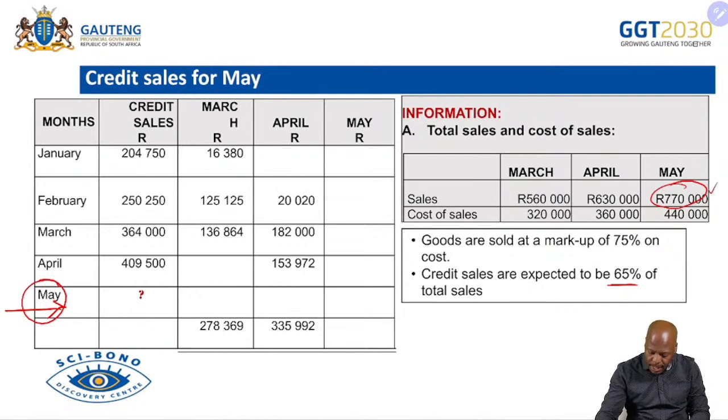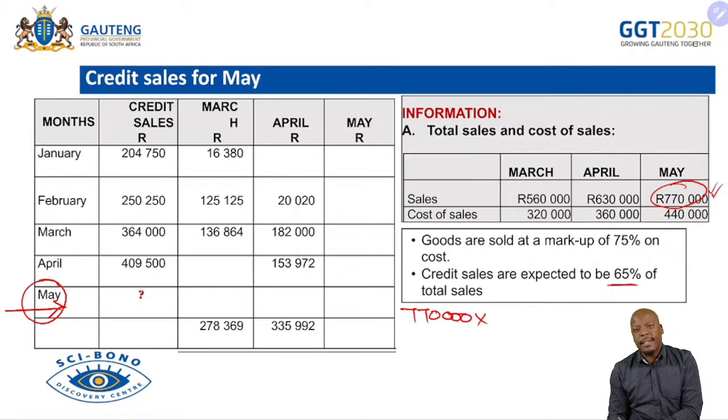We have indicated it here, 770,000. Here it is, 770,000. And then we want credit sales. What percentage is credit sales? They've told us here, credit sales are 65%.